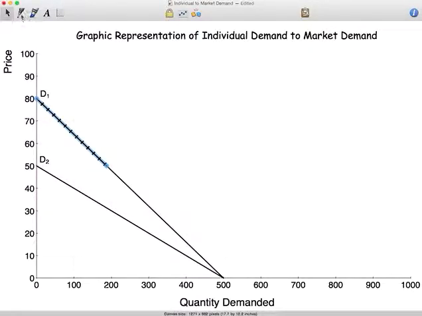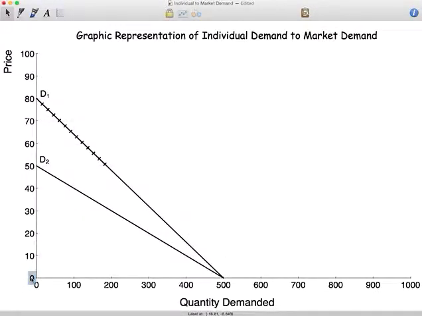And the way that you can do that is you're going to start from this point right here. Then all you need to do is add the quantities demanded for D1 and D2 at a price of 0. So at a price of 0, the quantity demanded for D2 is equal to 500. Let me actually highlight that for you.